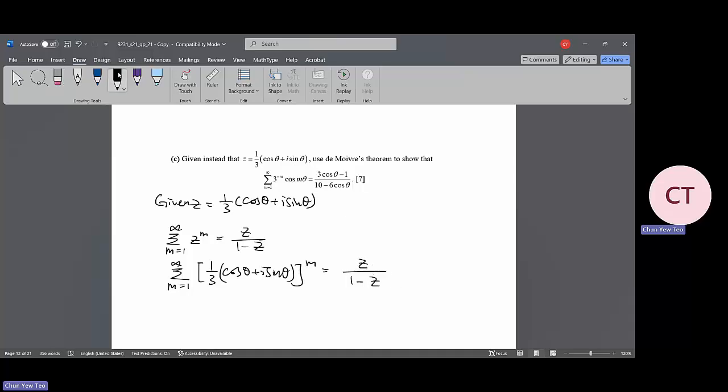We want to multiply by the conjugate, because a complex number divided by a complex number still gives a complex number. So we want to realize the denominator, and to do that we multiply by the conjugate of the denominator.